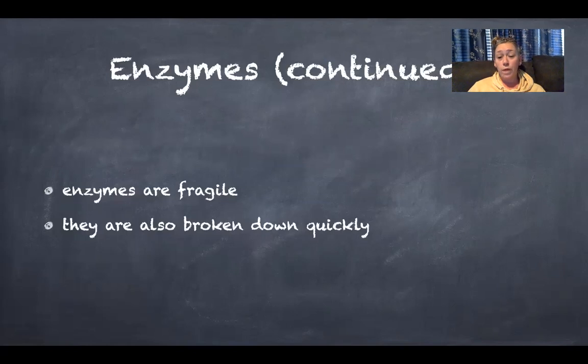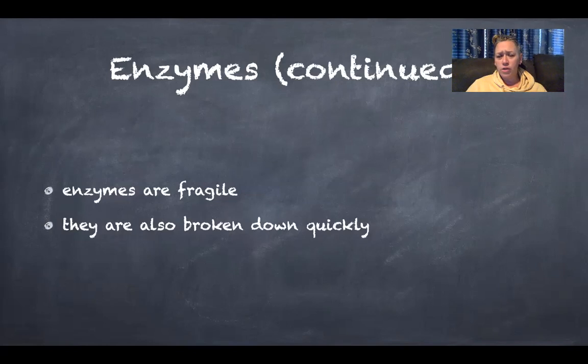Okay. Enzymes are very fragile. They are broken down very quickly. So they come, they do their job, and they're broken down, and then they're reformed, or their products are used to build other things.